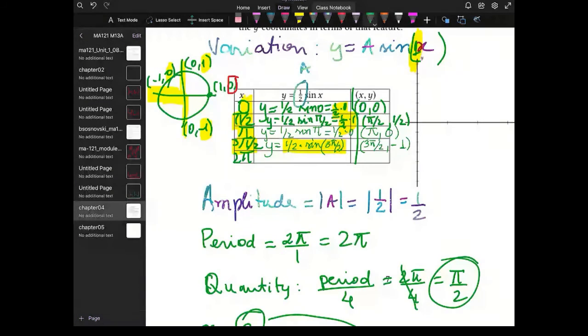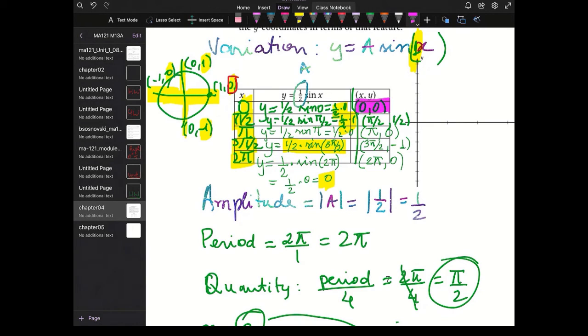And finally, the last one is y equals half times the sine of 2 pi. Now 2 pi has this as a terminal side. So again, we're back to 0 for sine there. So if that is 0, this computation basically becomes a half times 0, which is 0. So the point is the angle, which is 2 pi. So we have 2 pi, comma, and the value of the evaluation, which is 0.